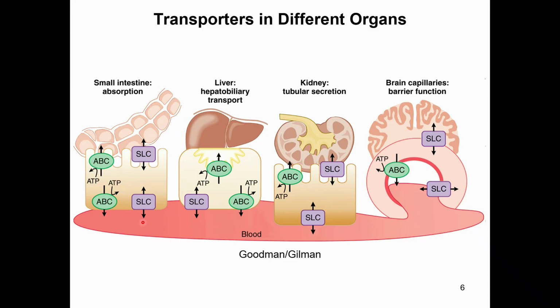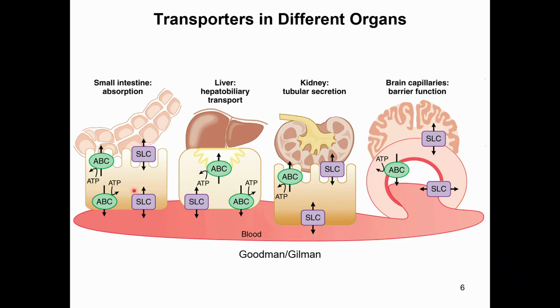These are very polarized cells with a basal and apical direction. One side faces the lumen of the intestine, the other side interfaces with the blood. So these are polarized, asymmetrical cells. The two types of transporters are called ABC and SLC, and we'll talk about what those are in detail in a moment. So that's what's going on in the small intestine.